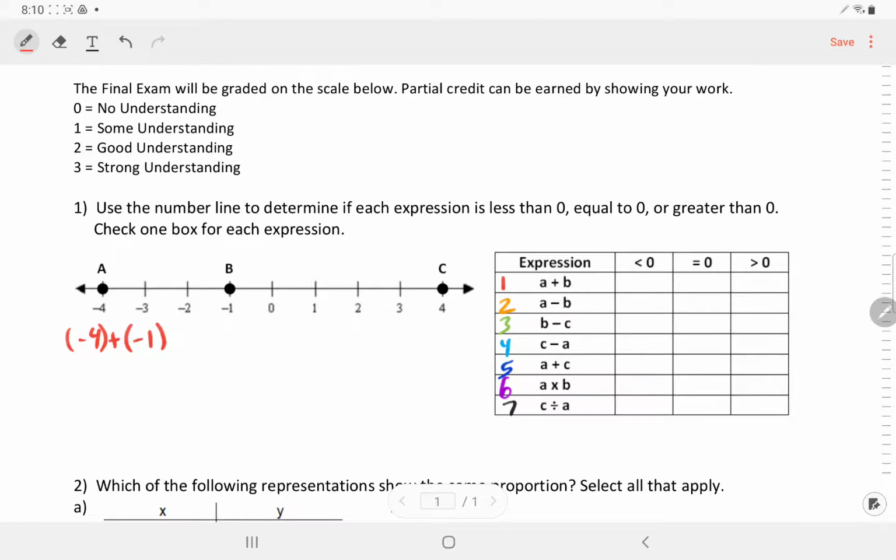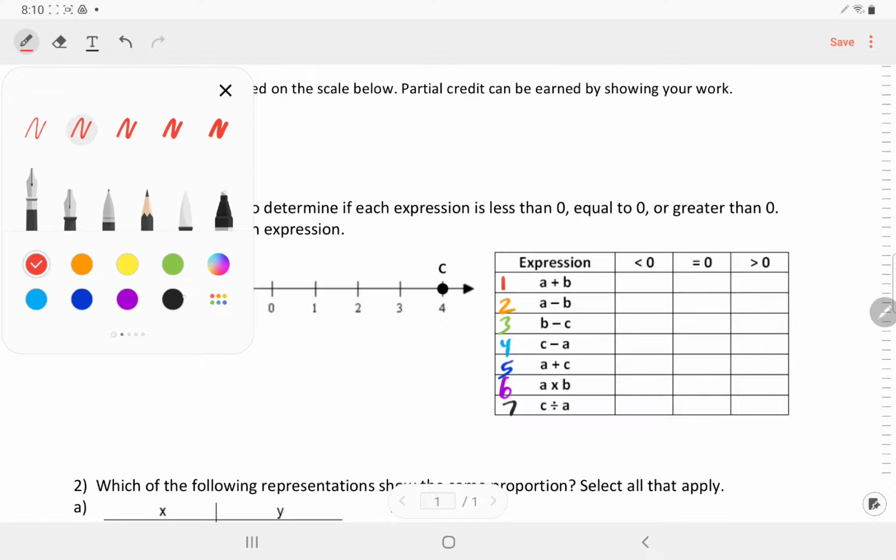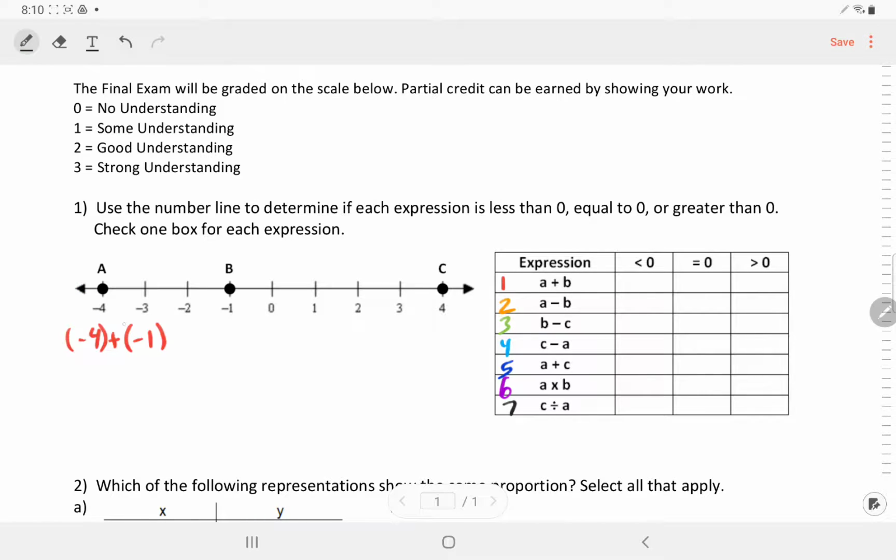Now, whenever you have a problem that has multiple signs in the middle, pay attention to what we have in the middle. If the signs are the same, the final sign will be positive. If the signs are different, then the sign in the middle will be minus.